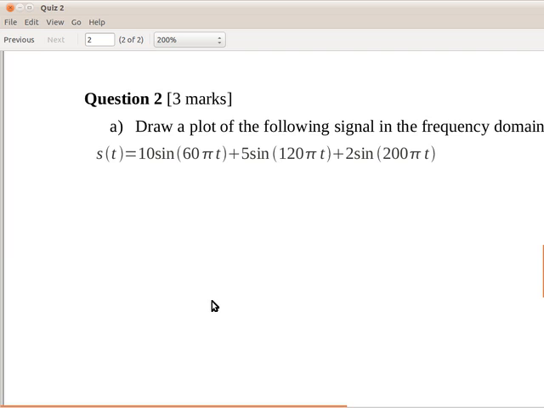And the last case, f equals 100 hertz. So we can identify the frequency of the individual components just by knowing this general form and equating it to the given form.